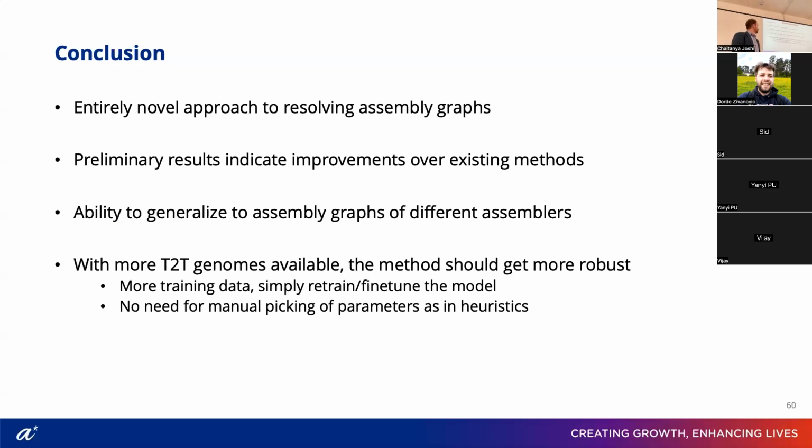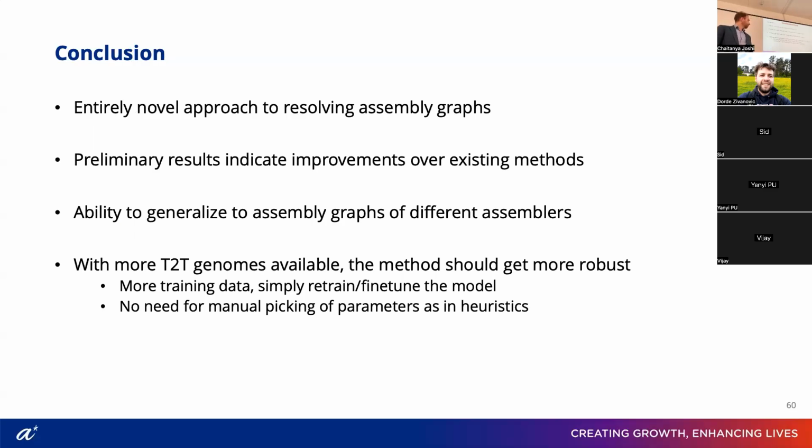But in conclusion, this is an entirely novel approach to resolving assembly graphs. Again, to the best of my knowledge, nobody tried anything related to graph neural networks and genome assembly. These are still preliminary results, which indicate improvements over existing methods.